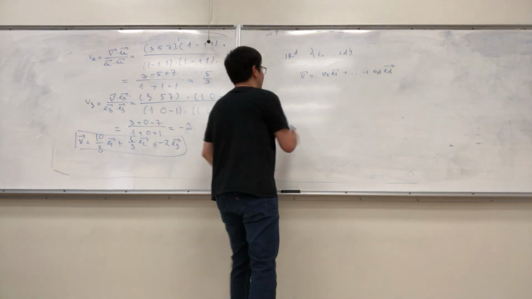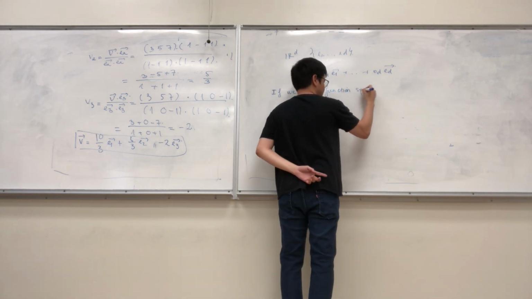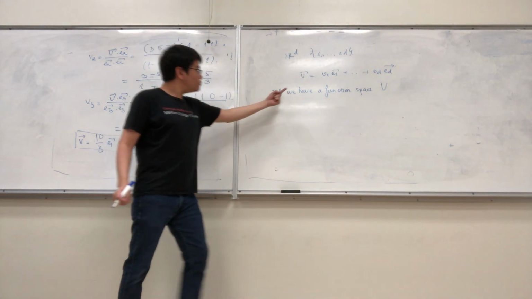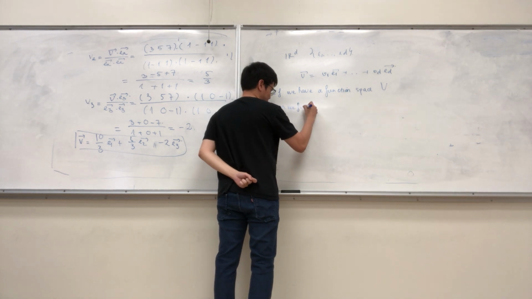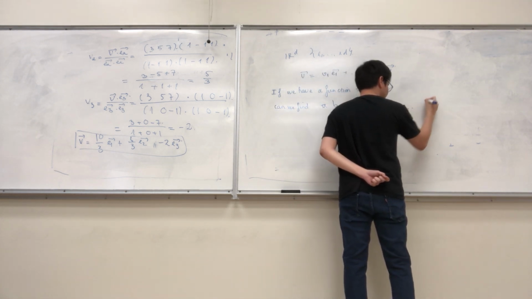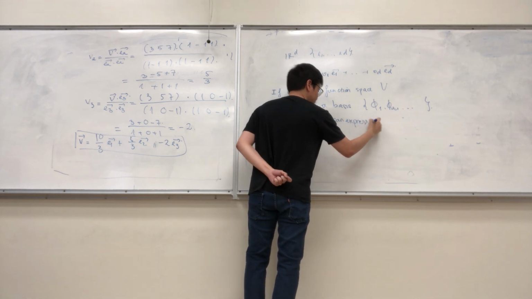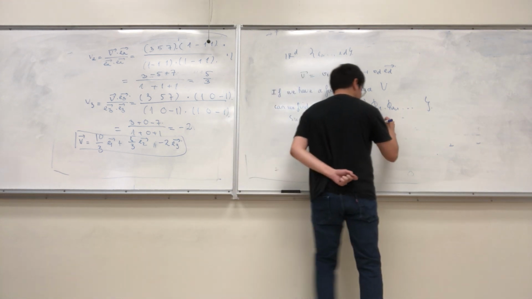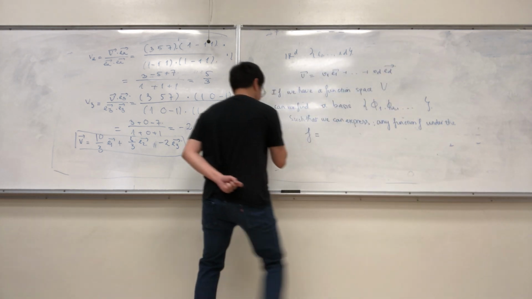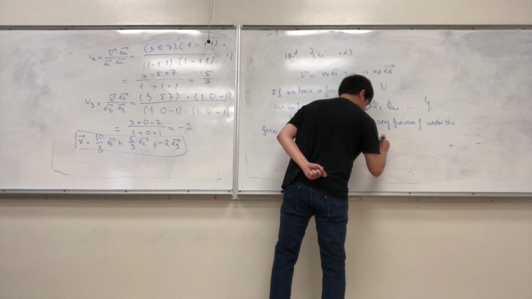So for instance, if we have a function space V, which is not D dimensional, but infinite dimensional, can we find a basis phi1, phi2, and so on, such that we can express any function f under the form f is f1 times phi1 plus f2 times phi2 plus etc.